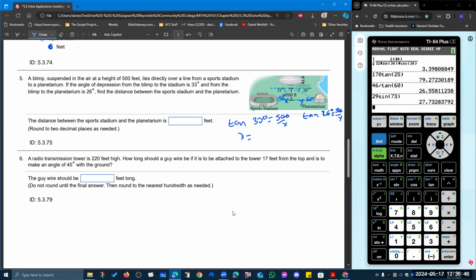So x equals 500 over tan 33, and y equals 500 over tan 26.